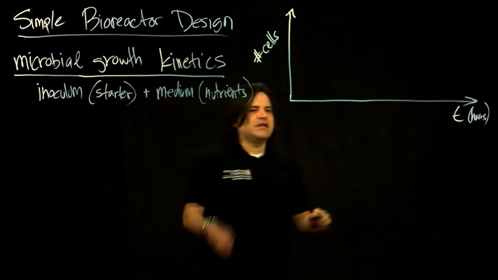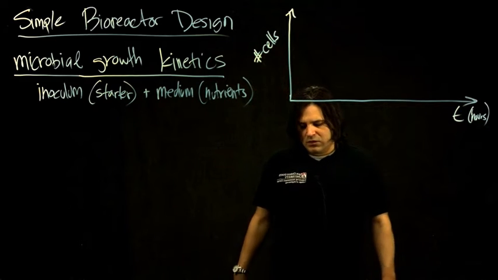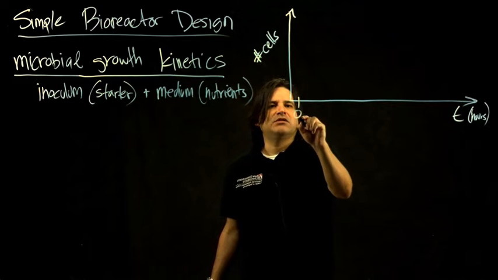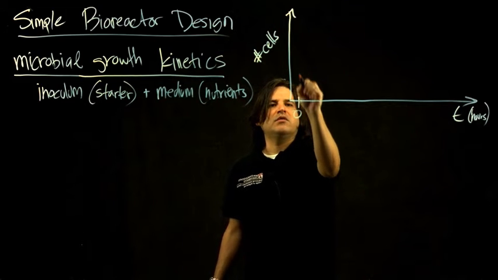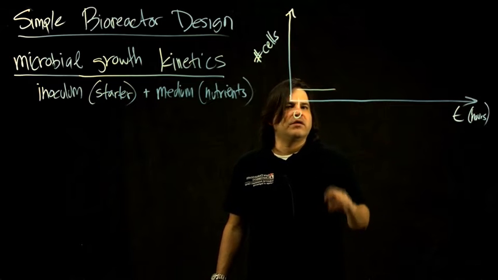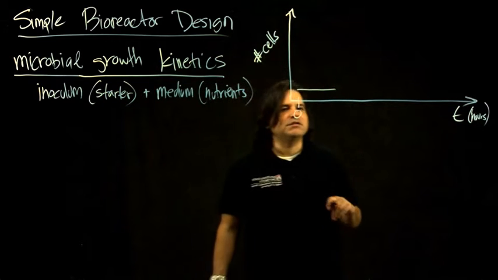At time zero, the number of cells would stay constant for a little period. The period depends on the conditions.